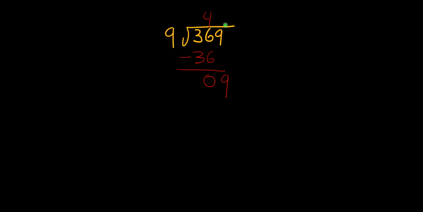And if you guess 1, you are correct. So now we say 9 times 1 is going to be 9. And 9 minus 9 is going to be 0. And because there are no other digits to bring down, we can conclude that our answer is 41.